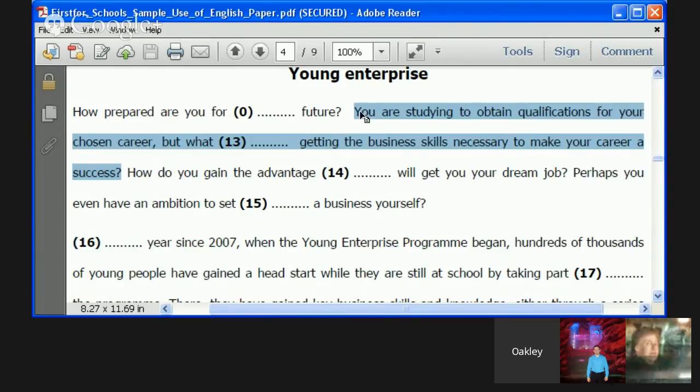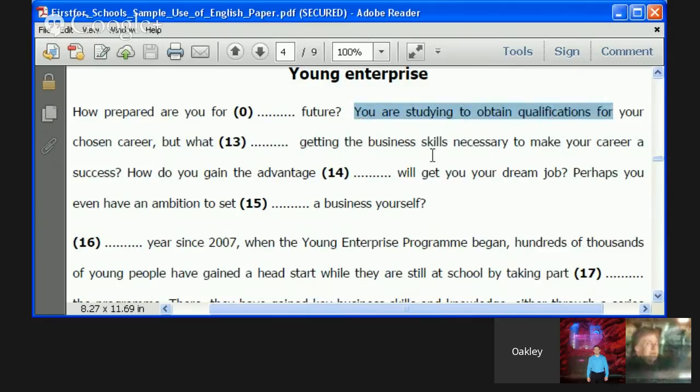So, statement: you're doing this, but are you doing this? Getting the skill necessary. What? What makes you? What will... Okay.